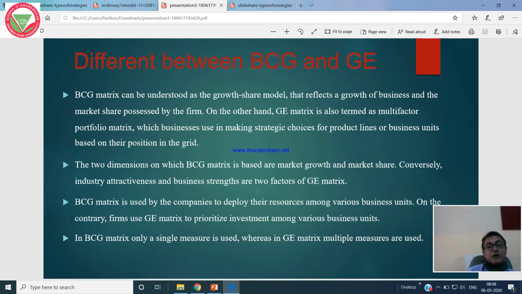If you remember, while calculating industry attractiveness and business strength, we listed various factors that affect the business over a period of time, both the industry as a whole and the company as a competitor. Therefore, it's very important to balance both the BCG and GE matrix in order to find out the true position in the market.